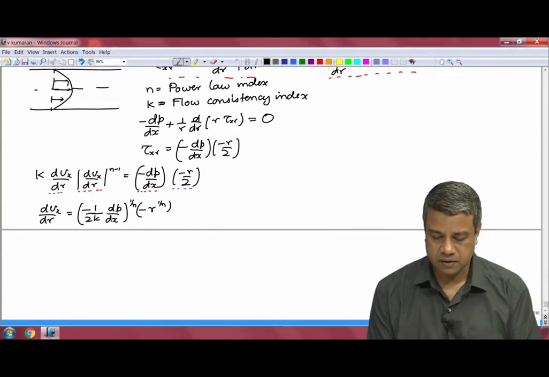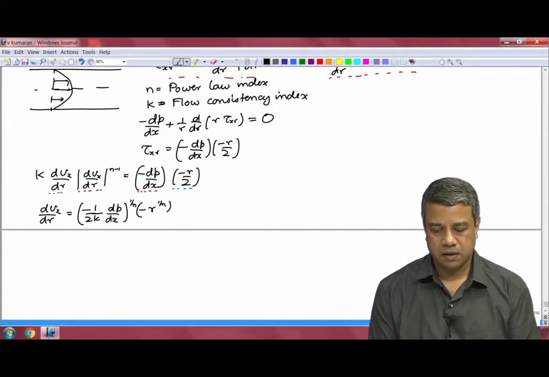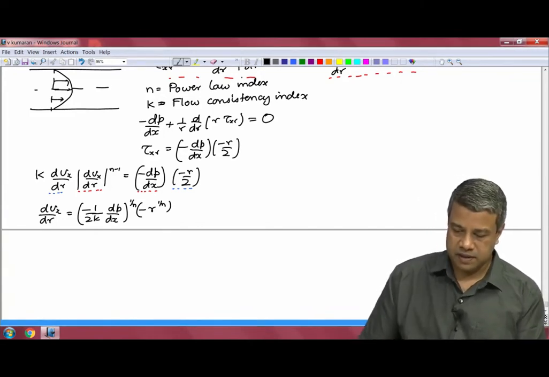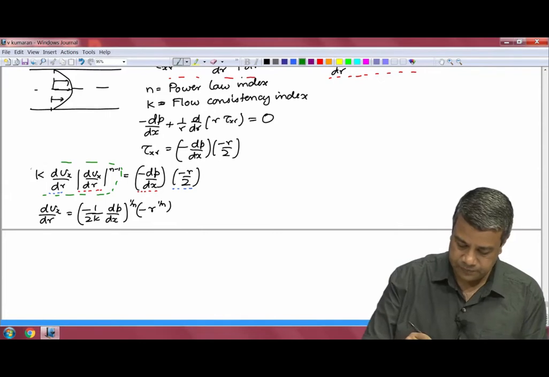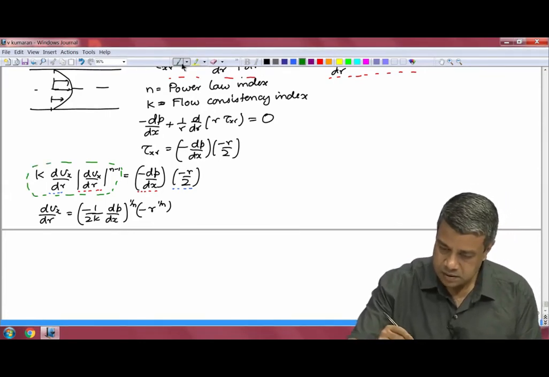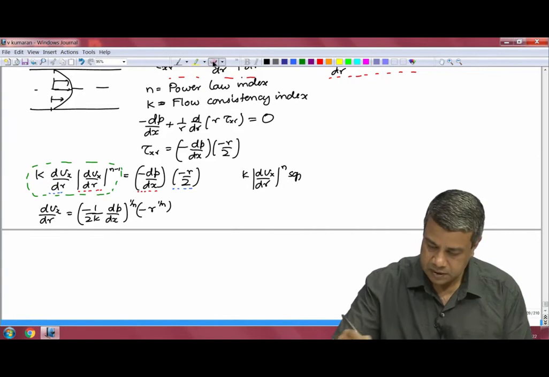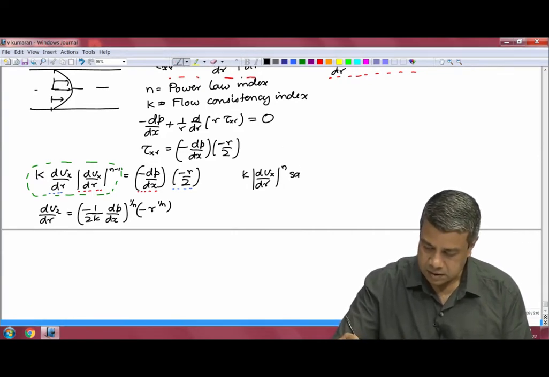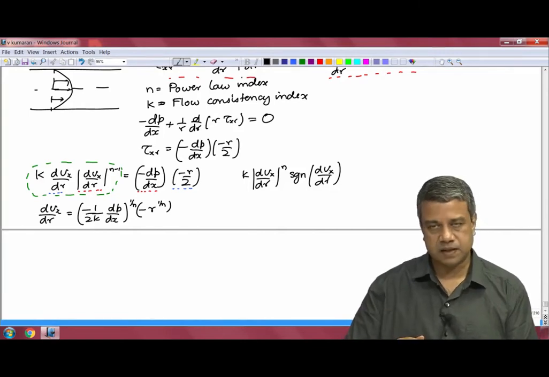In terms of the magnitudes, on the left side I have k into dVx by dr power n times the sign of dVx by dr. So, let me just write that for you. This is equal to kappa into dVx by dr whole power n into the sign of dVx by dr. This sign is plus 1 if dVx by dr is positive, minus 1 if dVx by dr is negative.